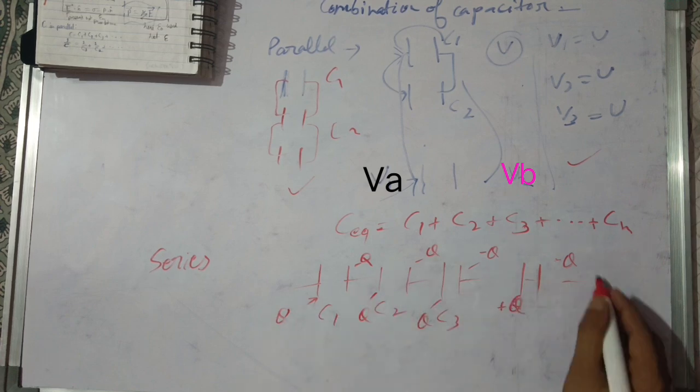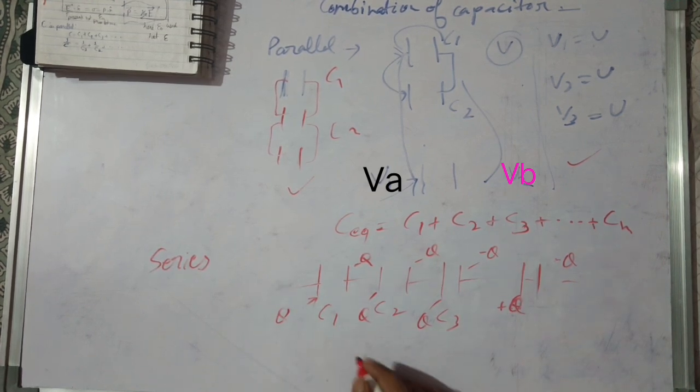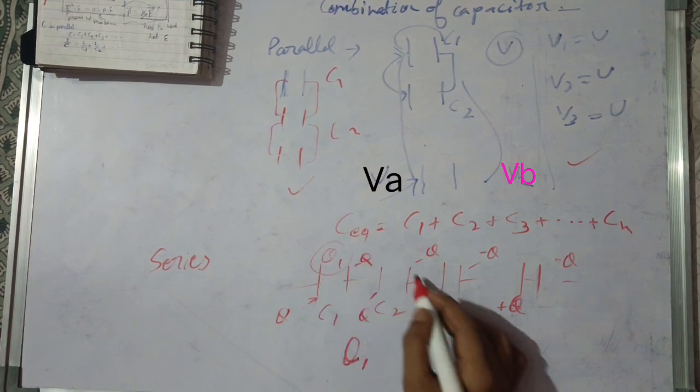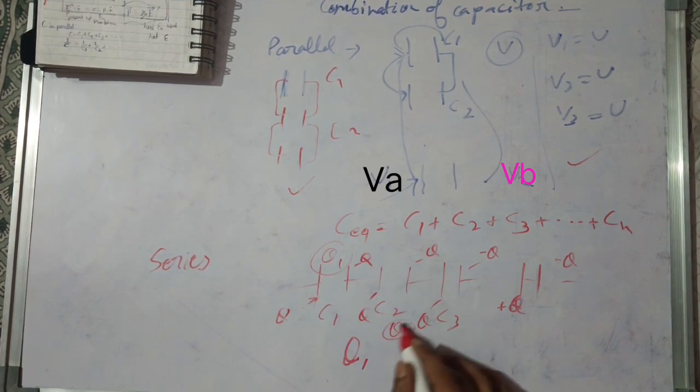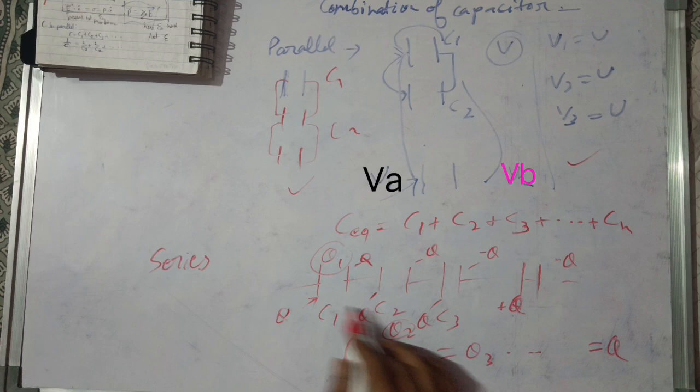So the magnitude of charge stored on each of these plates will be q. So q1, the charge stored on this plate, is equal to q2, is equal to q3, and so on. All of them are storing the same magnitude of charge q.